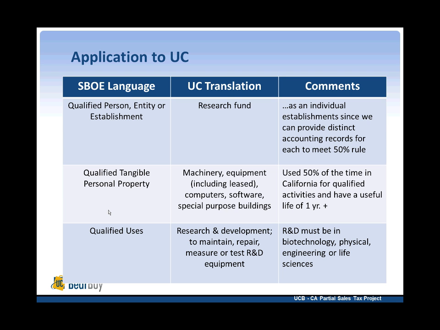When we refer to qualified uses, what this mainly means is that the property needs to be used in research and development, either in biotechnology, physical engineering, or life sciences. So the only equipment or machinery that can be claimed is if it's being used for research and development. So this mainly affects departments that are heavy with research and development purchases.